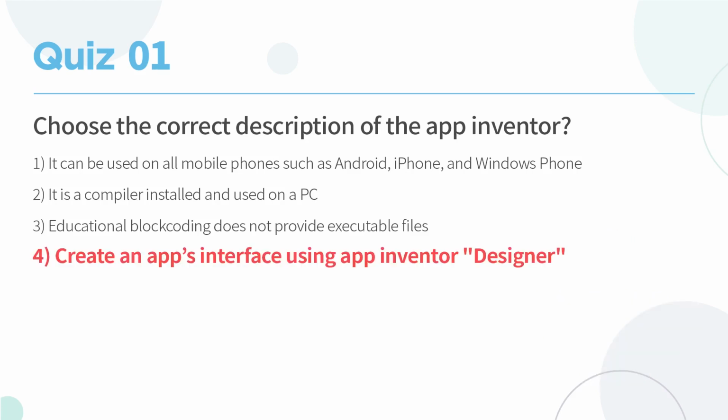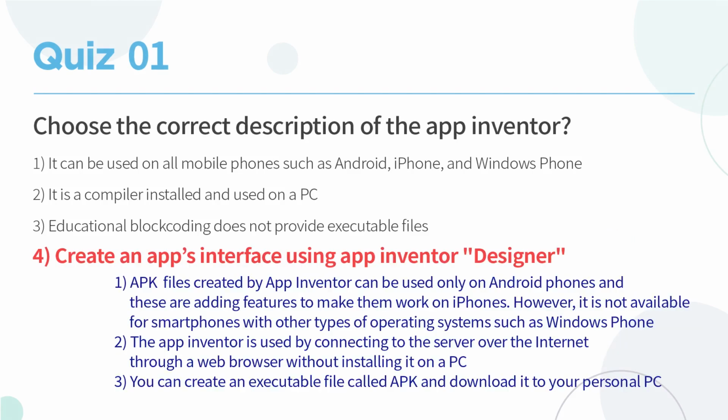The answer is number 4. Let me explain why. The APK file created by App Inventor can be used only on Android, not on the iPhone or Windows Mobile. App Inventor is used by connecting to the server on the internet through the web browser without installing it on a PC, so you don't need any other program.